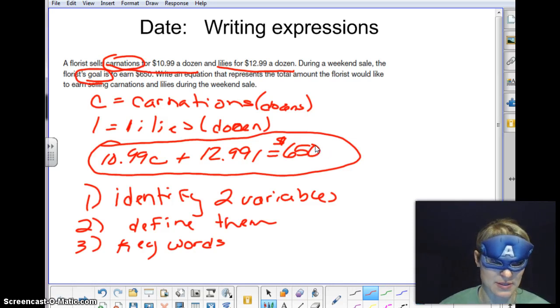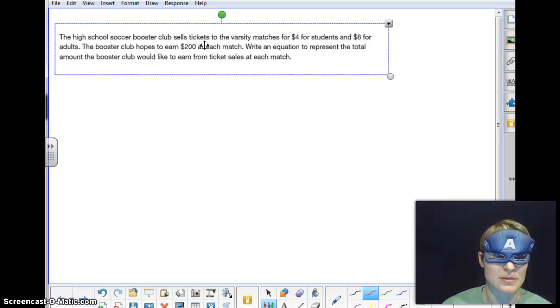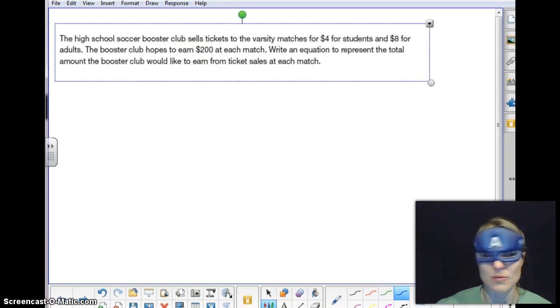Okay, let's look at another example. Okay, so here we're going to look at a high school soccer booster club selling tickets to varsity matches for $4 for students and $8 for adults.